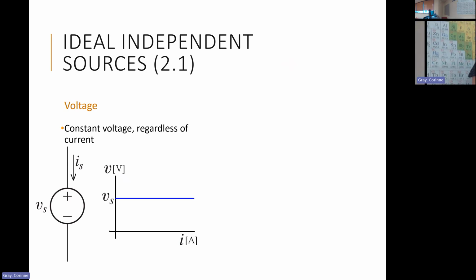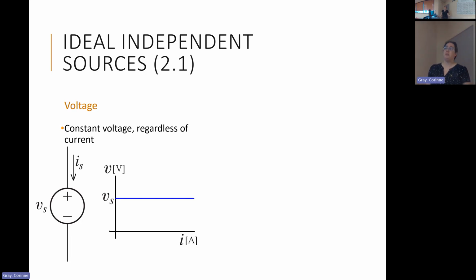Here we would have the direction of the electron current. So it's going from positive to negative. If you wanted to look at it for conventional, or you just flip it the other way, that's fine. And it would have some source voltage value, and it's just constant, right? It is the same value no matter what you do. You can add as many resistors as you want to the circuit. The voltage part is the same.